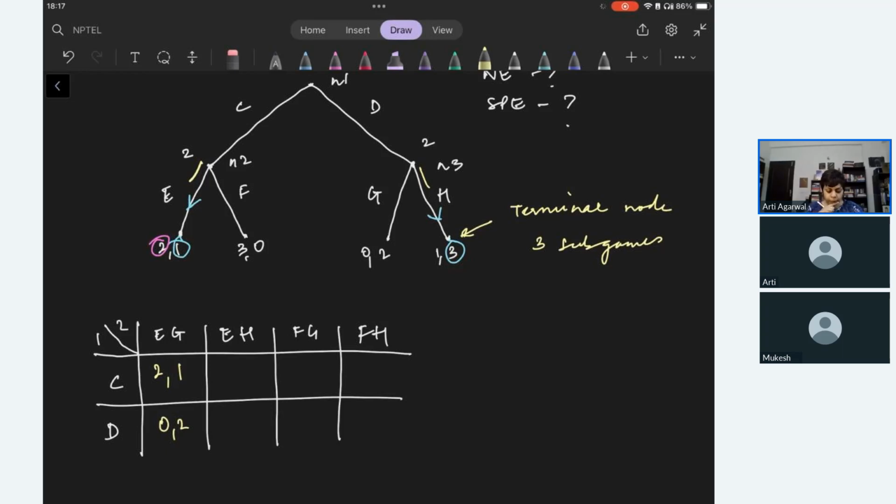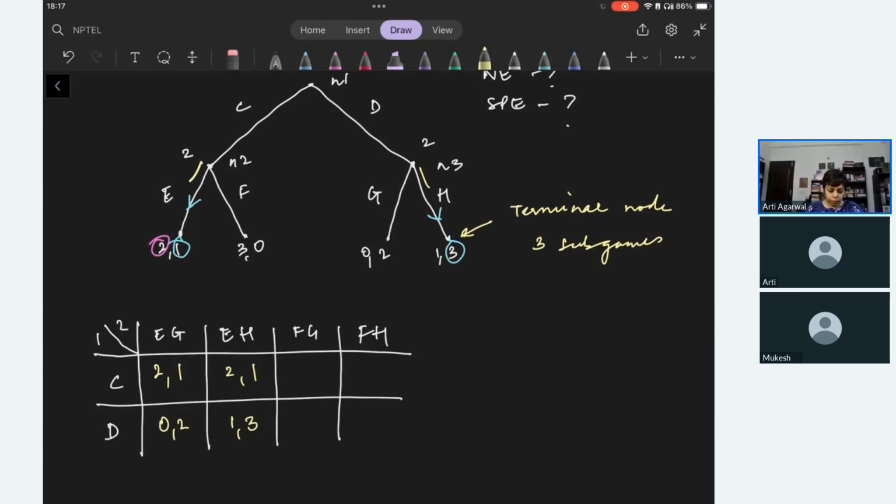So 2 is playing EH. 1 plays C means the E part of the game is getting played. So the payoff is again 2, 1. And EH means the other subgame gets played. So the payoff is 1, 3 when 1 is playing strategy D.